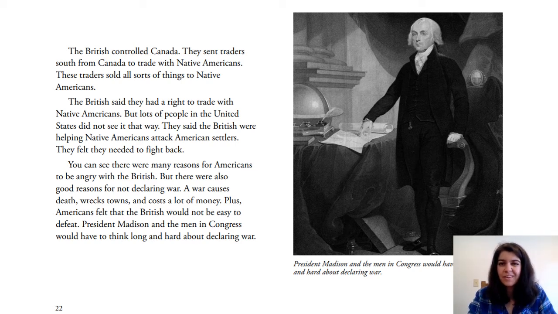So why did the people feel like they needed to fight back? Because they thought the British were helping Native Americans attack the settlers.